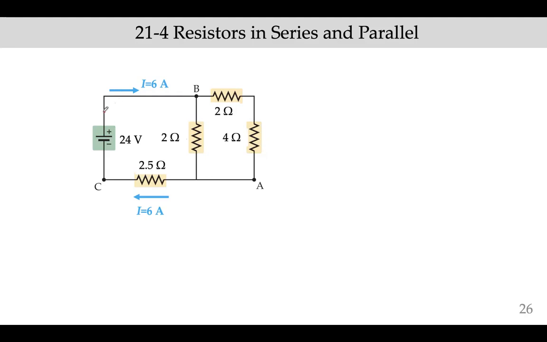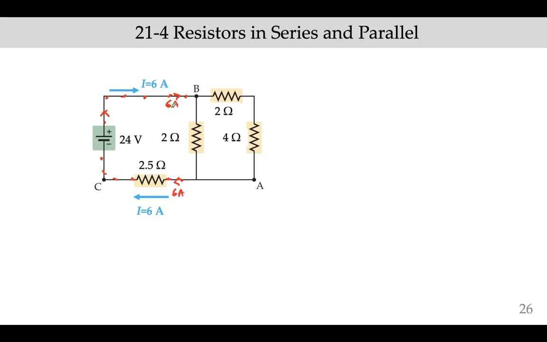Again, 6 comes out from the battery, and at all of these points we have 6 amperes of current, and also it goes into the battery, with 6 amperes.